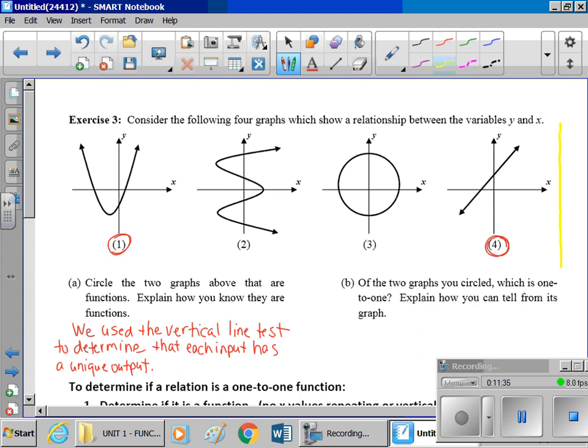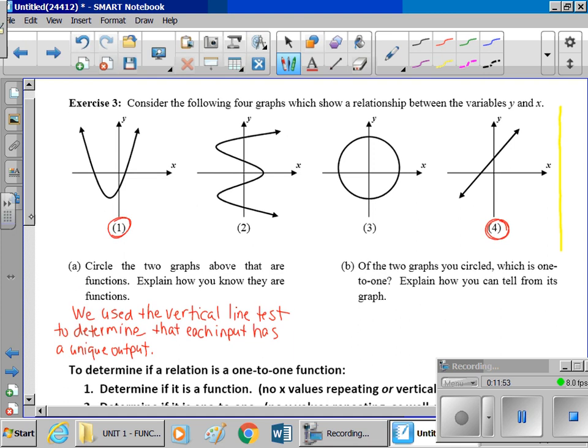Could you also say to determine that the inputs don't repeat? Of course you could. That's fine too. We've used a couple of different ways to determine or explain what a function is. Like I said, not a big fan of saying the vertical line test and stopping there, but if that's what you remember, that's what you're going to write down.